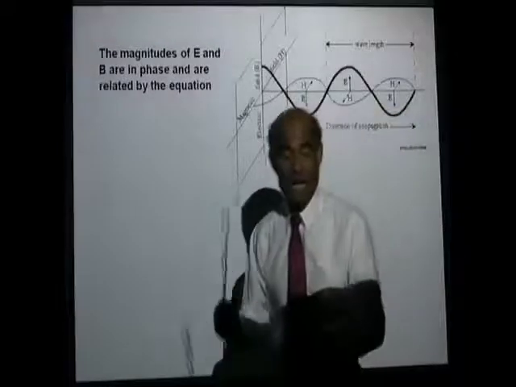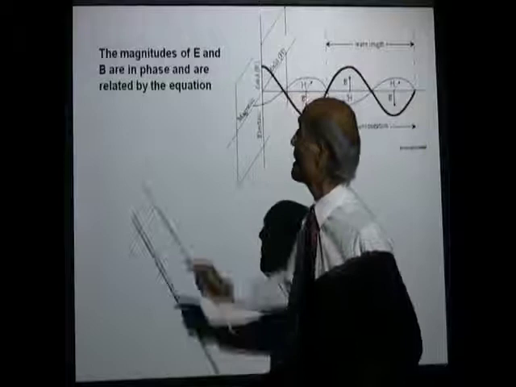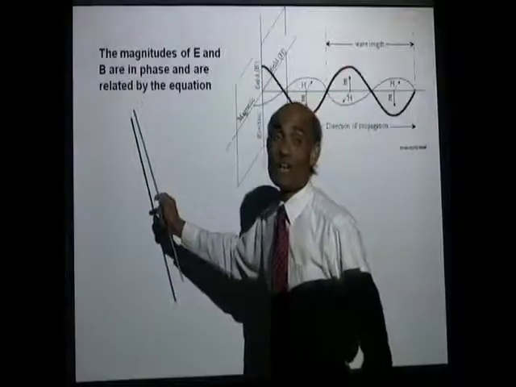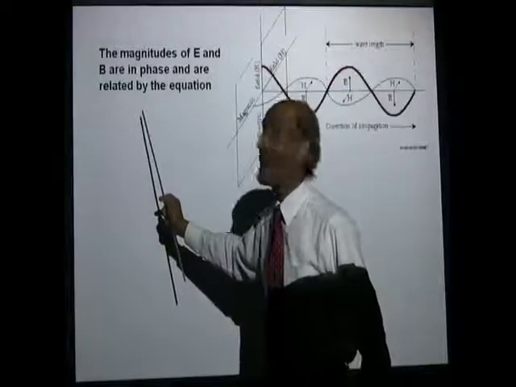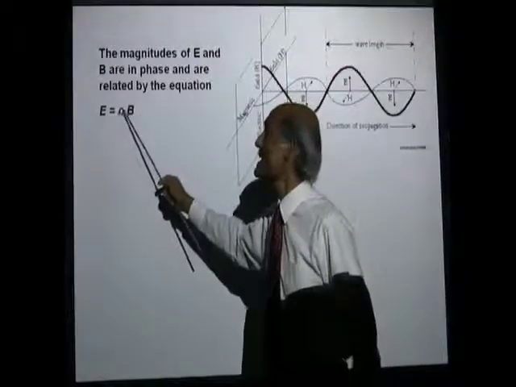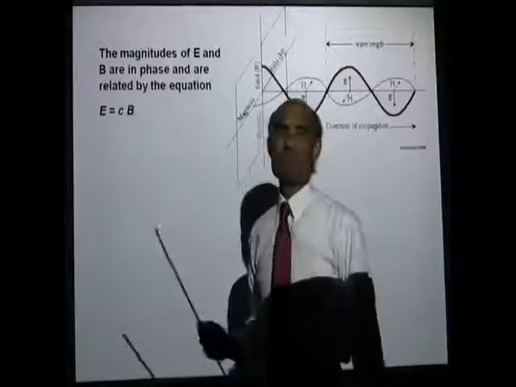So the electric and magnetic fields are in phase, and look at the equation that they are related by. They are related by E equal to cB.